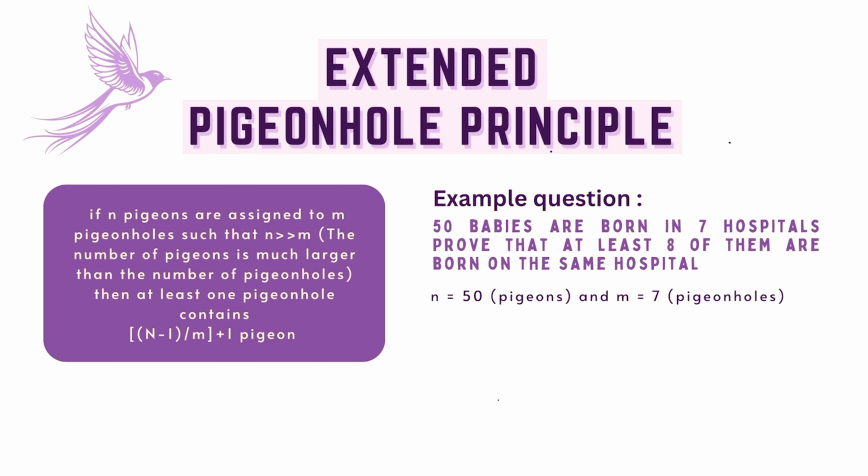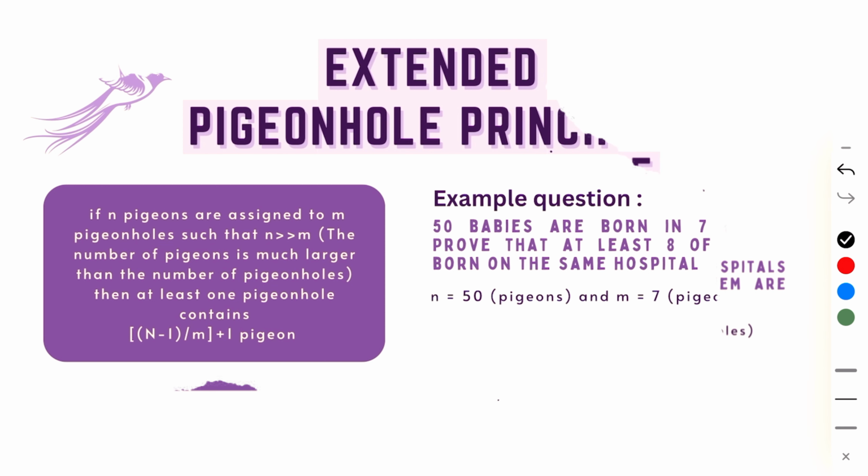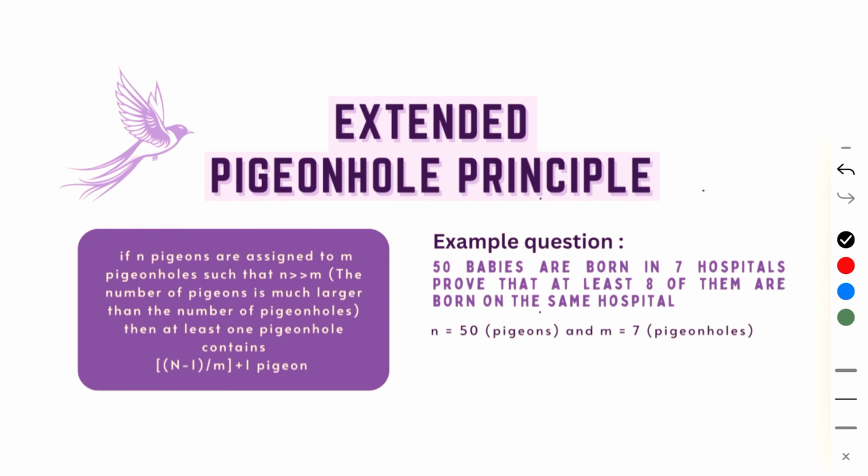Okay, so as you can see, the n is 50 and the m is 7. Now let's start counting. We're going to start by writing the formula, which is (n minus 1) per m, then we bracket it, plus 1, which equals, n is 50, so (50 minus 1) per 7, plus 1.